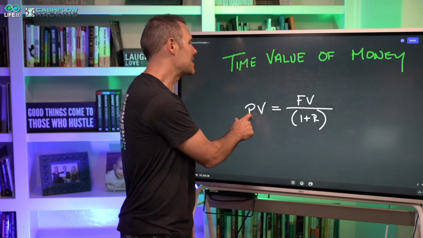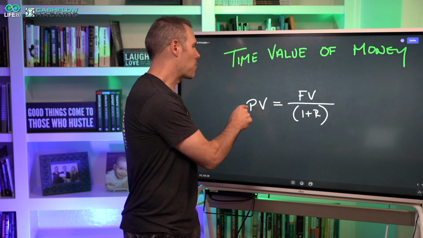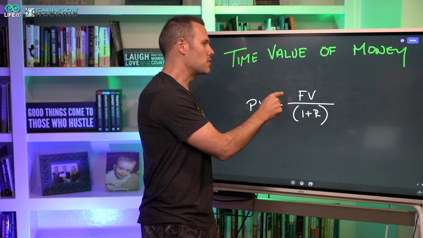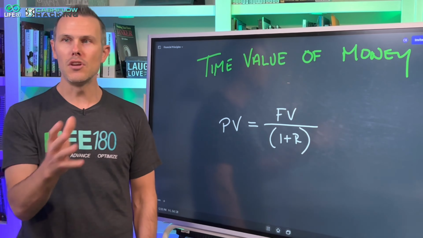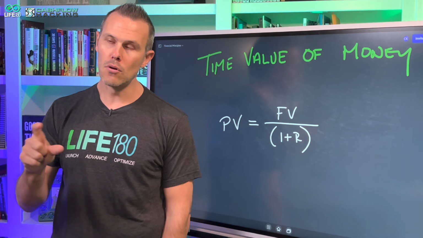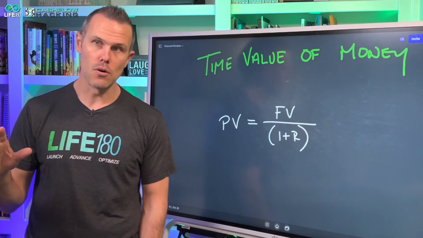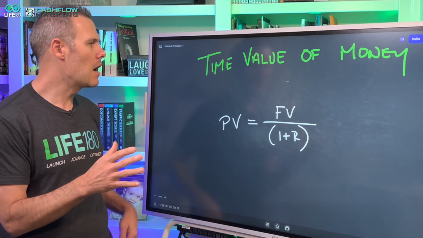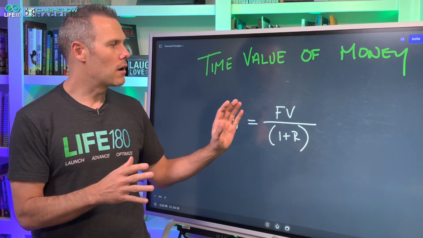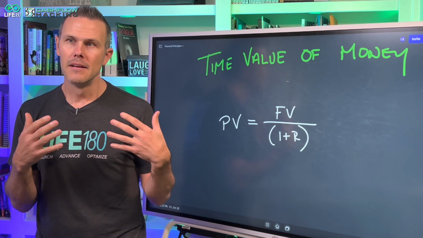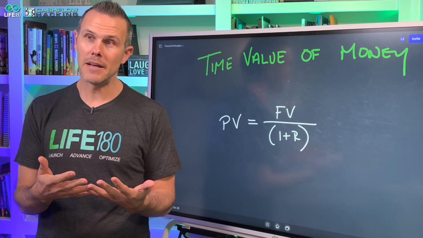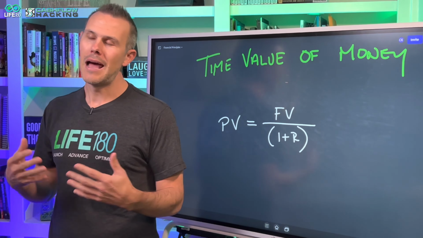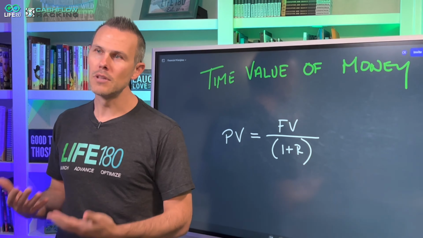So you can see this equation is present value, PV, equals future value divided by 1 plus R, where R is the rate of return. So now it's either a rate of return or the rate of inflation, right? So when we look at this, we can look at it from an inflation adjusted average perspective, or we can look at it and say, how are my investments really doing for me?